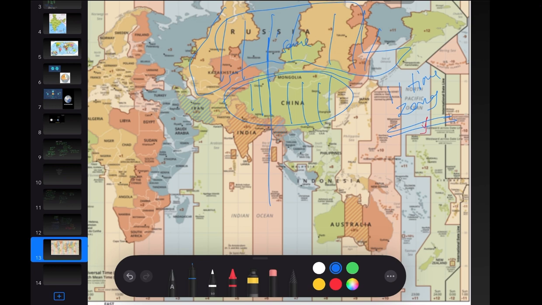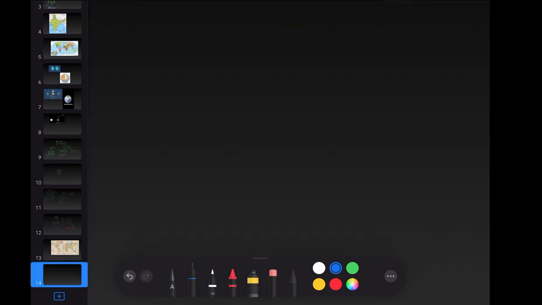Let's come to India. This is our country, India. In India, we have adopted 82.5 degrees as the standard time, Indian Standard Time.